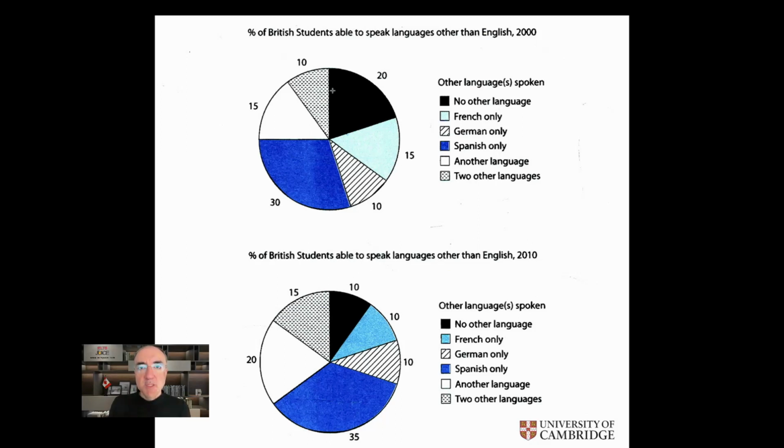Let's look at the black piece, for instance. We could say 20% of the students in this particular university in England didn't know any other languages other than English.